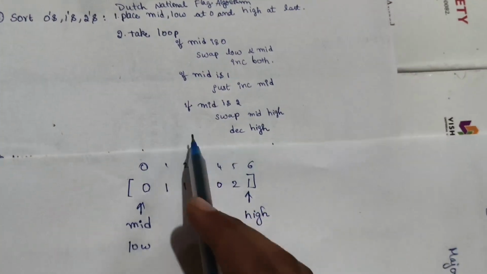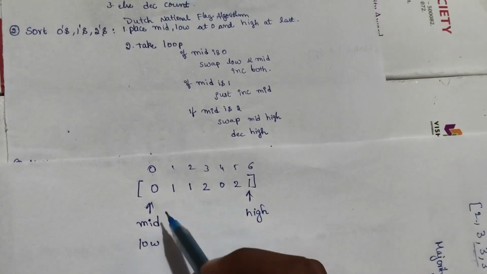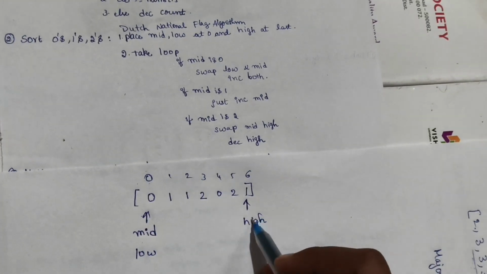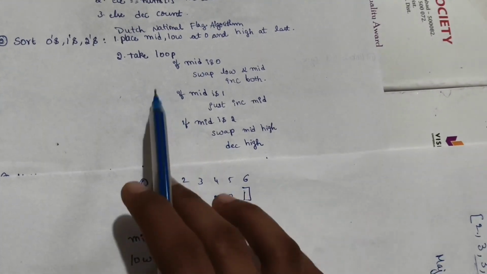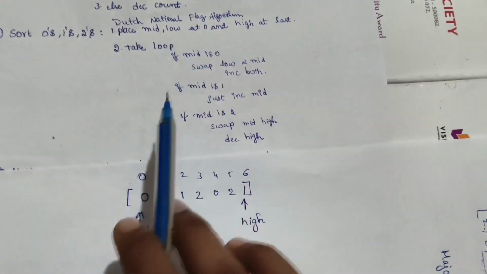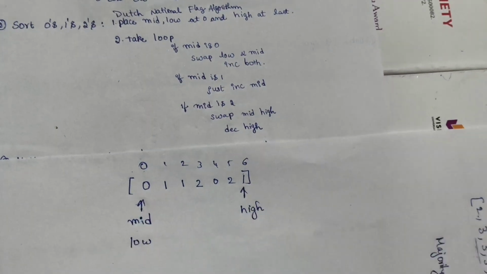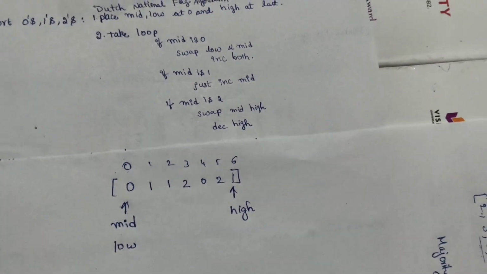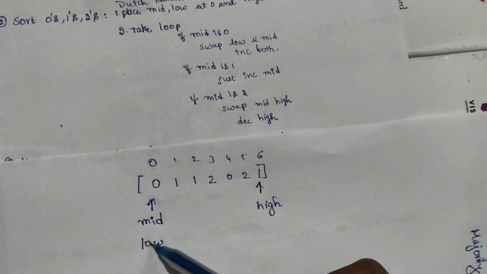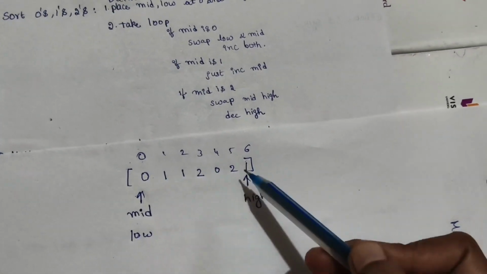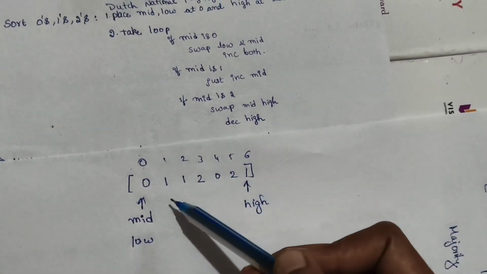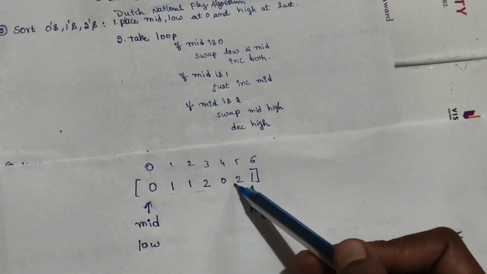First, we will place mid at the 0th index and low at the 0th index and high at the last index. Now we will take a loop, and remember one thing: low will track zeros, high will track twos, and mid will traverse throughout the array.